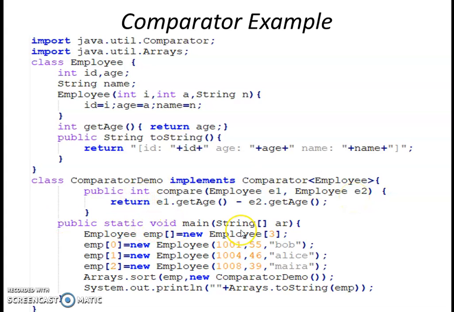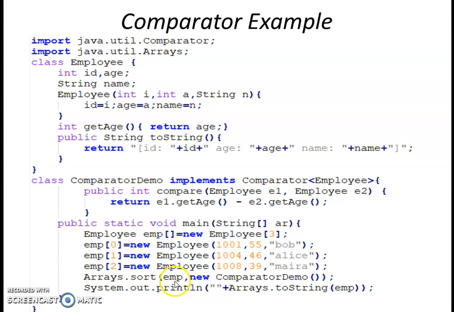Now we have main method. Inside main method we are creating array of employee. Size is 3. So we are going to have 3 objects inside this array. So first object ID is 1001, age 55, name Bob. In similar fashion we have other objects. Now here we are calling Arrays.sort, and you can notice over here we are passing two parameters.